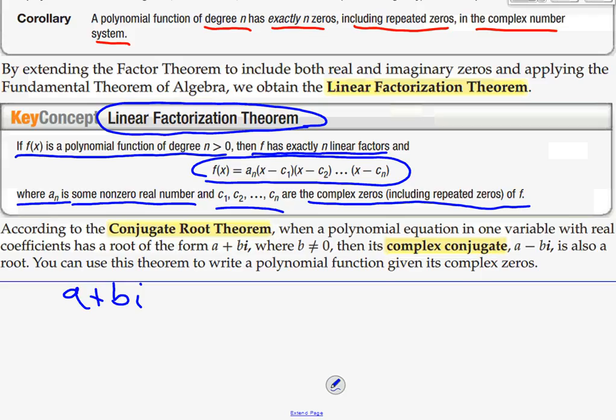If a is 0, it's a pure imaginary number. If b is 0, it's a real number. And so when we say complex zeros, that does not mean every zero has i in it. It just means that we can consider them in the complex number system. The complex number system counts every number.